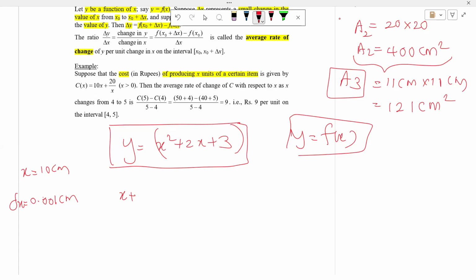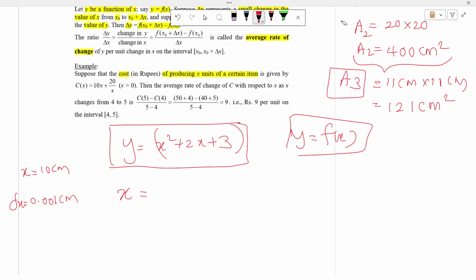This is your equation y is equal to 2x squared plus 2x plus 3. Then if you do a small increment, a very micro level increment, very small increment for your x, now what will happen?